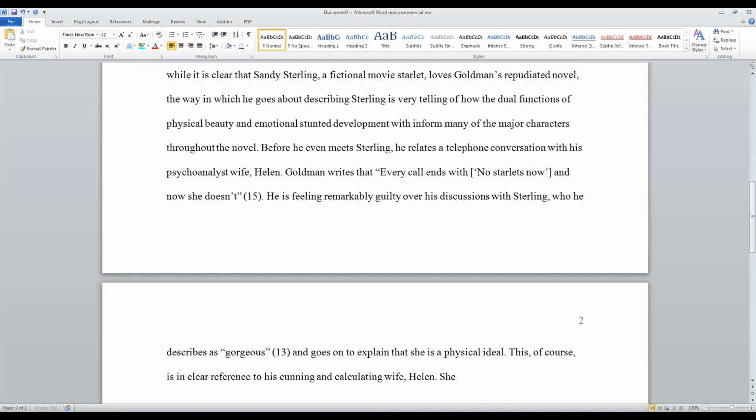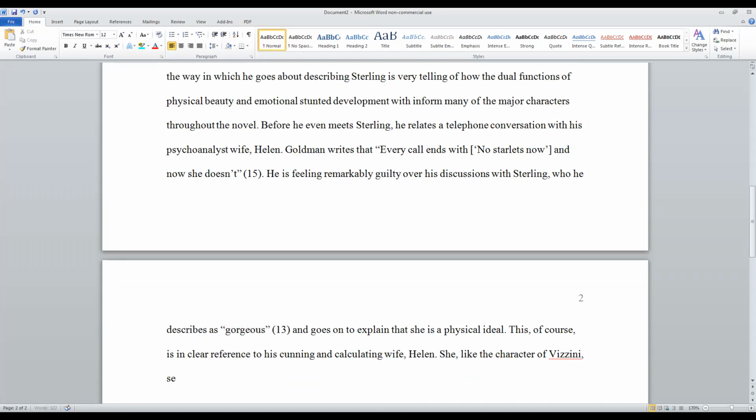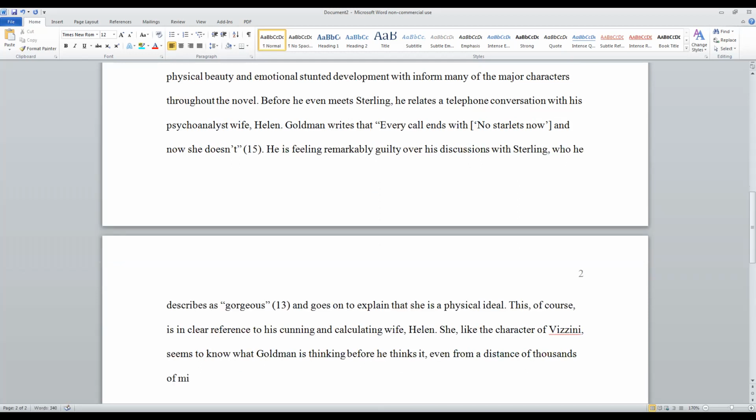she, like the character of Vizzini, seems to know what Goldman is thinking before he thinks it, even from a distance of thousands of miles.